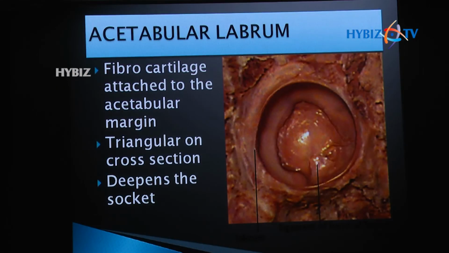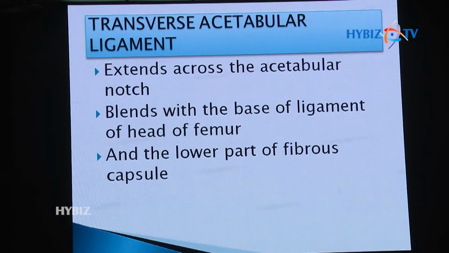The acetabular labrum is a fibrocartilaginous rim attached to the acetabulum to deepen the socket. The transverse acetabular ligament covers the gap in the lunate surface and blends with the base of the ligament of the head of the femur.